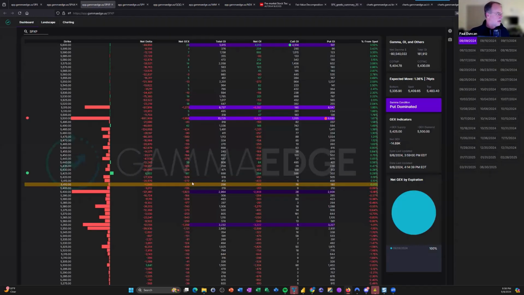Remember, above 5420, as we move up, we're removing puts from the complex. We're forcing all these in the money puts out of the money.